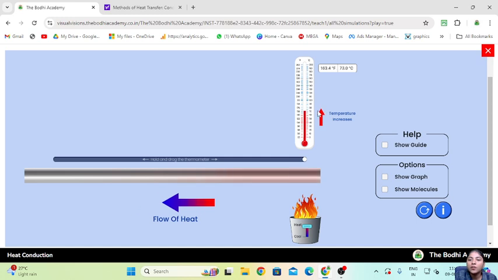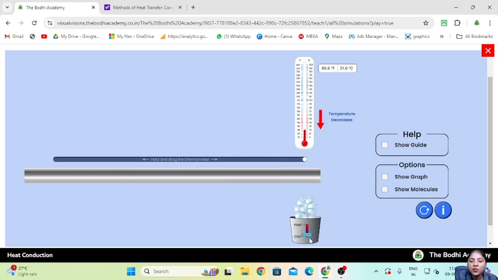When I put on the flame, the temperature increases very rapidly, and the heat flows in this direction to the other end. So what happens here is that when we provide heat at one end, the heat energy will go from the hotter area to the cooler region. It will move towards the cooler molecules or the cooler particles.